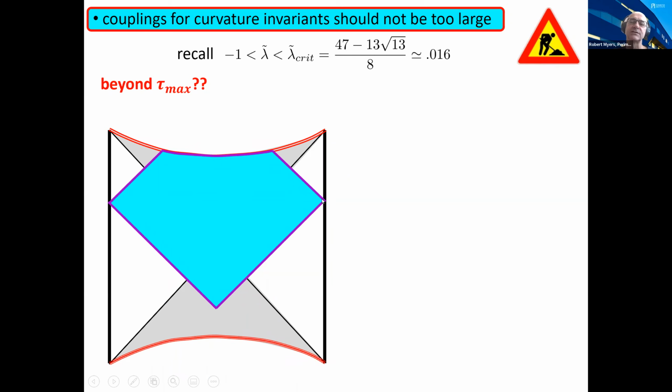We know that there are lots of space-like surfaces that I can connect my boundary time slices with, and they'll fill out the Wheeler DeWitt patch. No matter what surface I want, it's going to live in this blue domain.